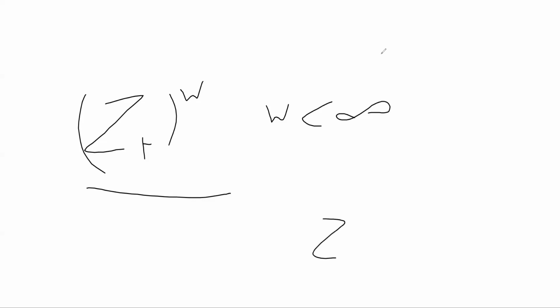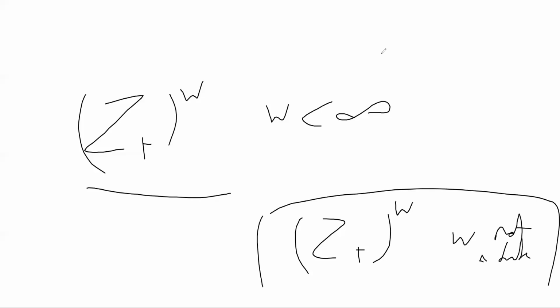So for example, Z plus in w, where w is not a finite number, would be an uncountable set. I hope it was shown last time, I don't remember now. But basically, because it's uncountable, we don't really know how to well order it, because we cannot use dictionary order anymore.